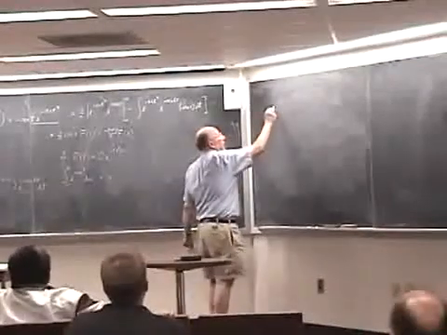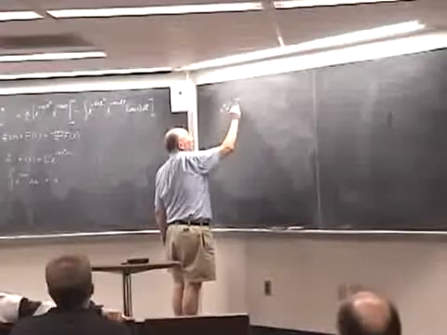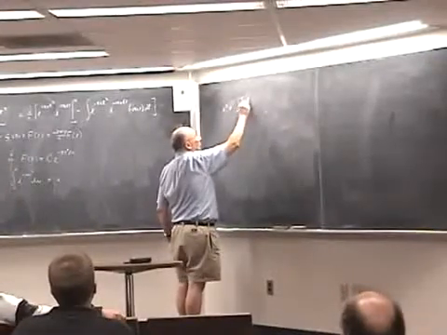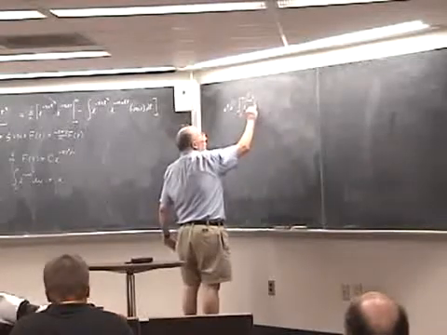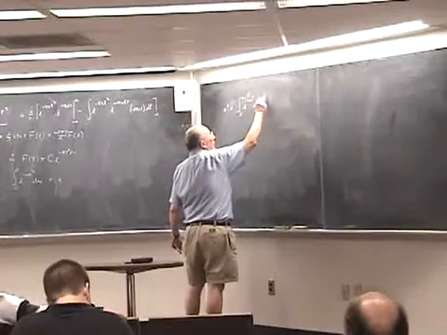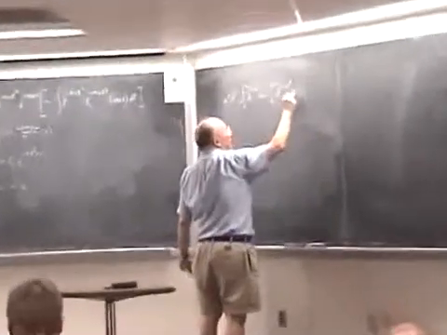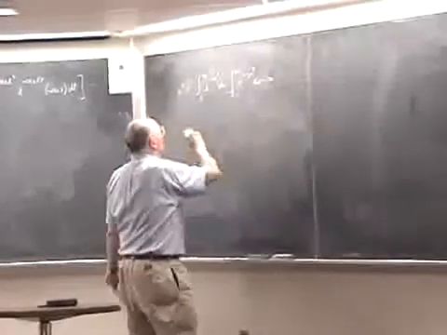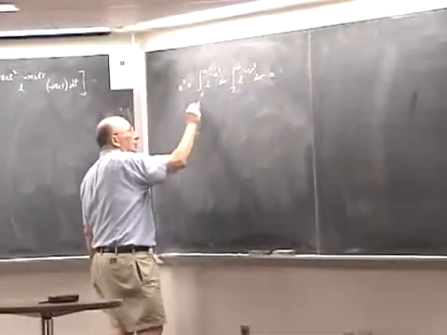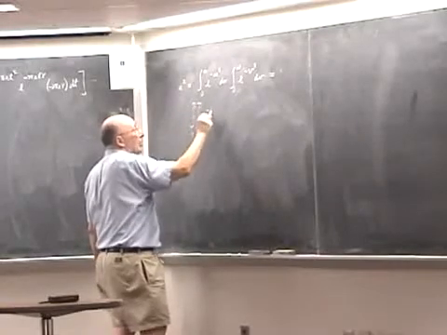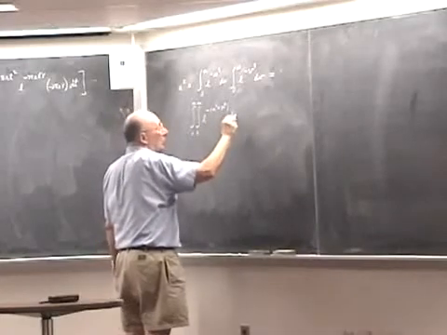Then a squared is equal to the integral from 0 to infinity e to the minus u squared du times the integral from 0 to infinity e to the minus v squared dv. That's equal to the double integral from 0 to infinity of e to the minus u squared plus v squared du dv.